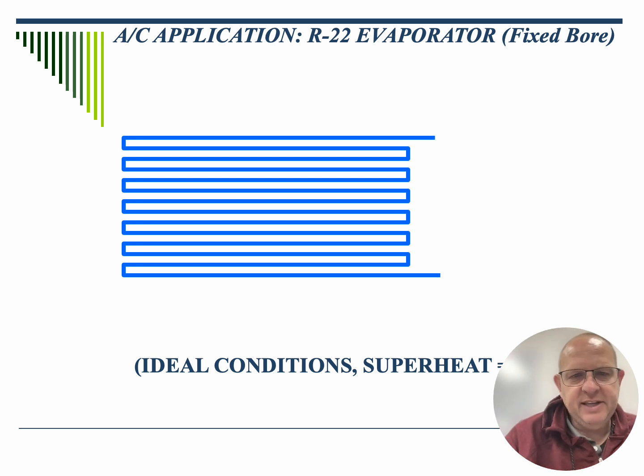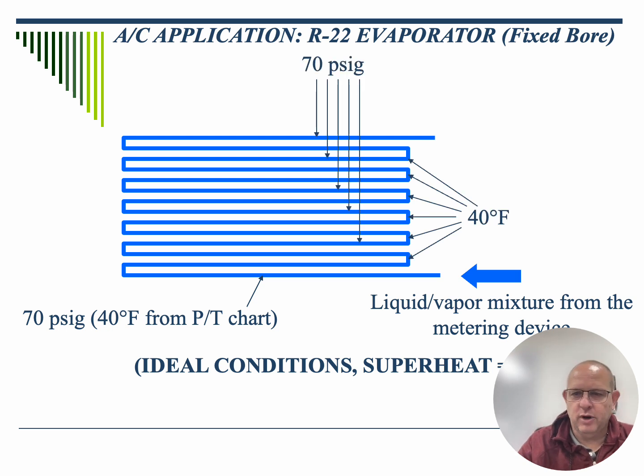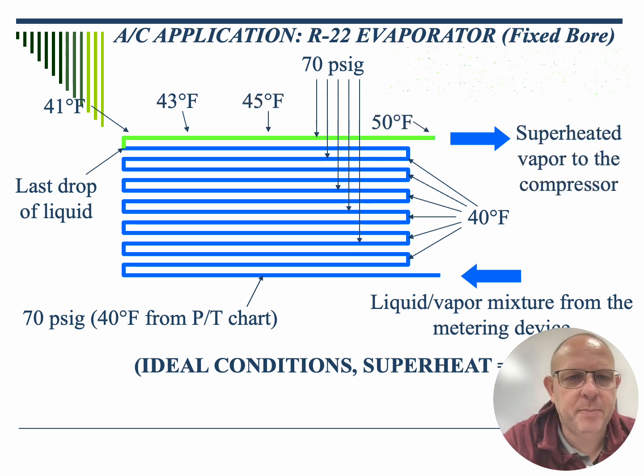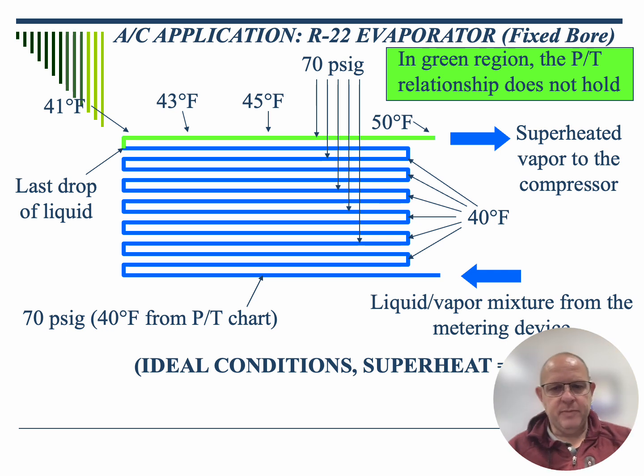So AC applications, here we go with our standard efficiency unit. We're looking at a 10-degree superheat for this particular unit when we're dealing with a fixed bore metering device. And how does that look? As the system is running, our last drop of vapor will end up happening up towards the upper portion of the evaporator itself. The region in green is where the PT relationship doesn't hold anymore.